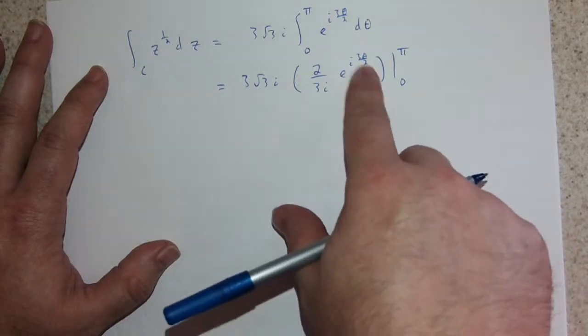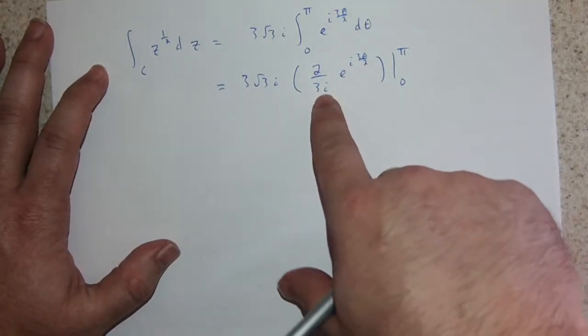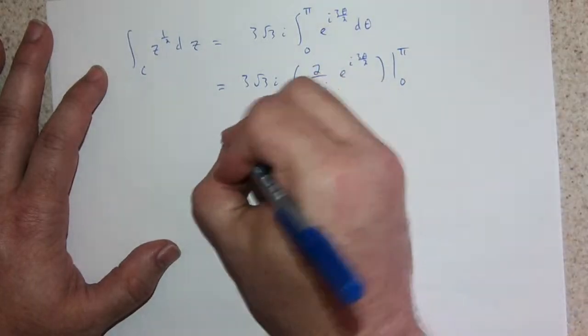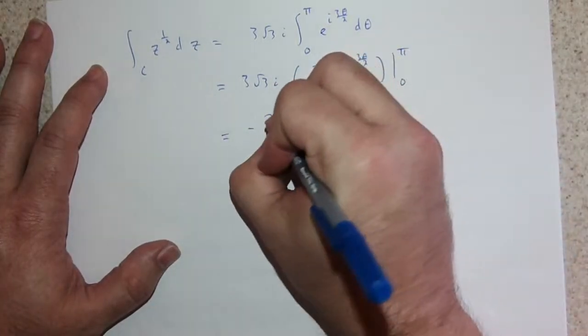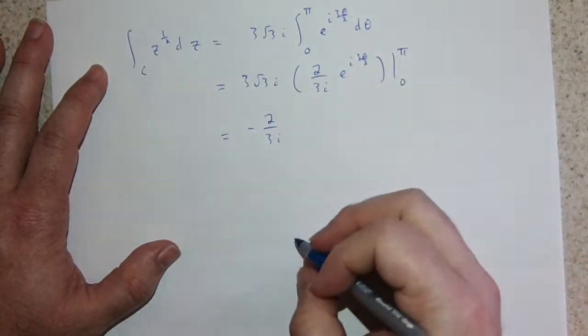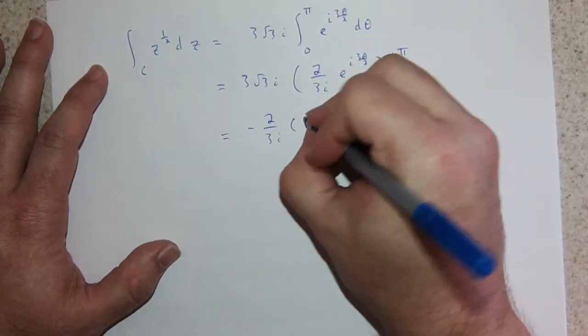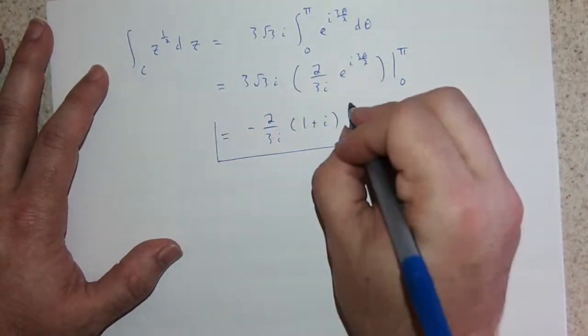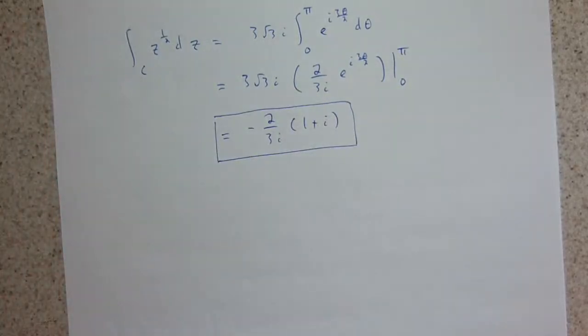So I get minus 2 over 3i times 1 plus i.